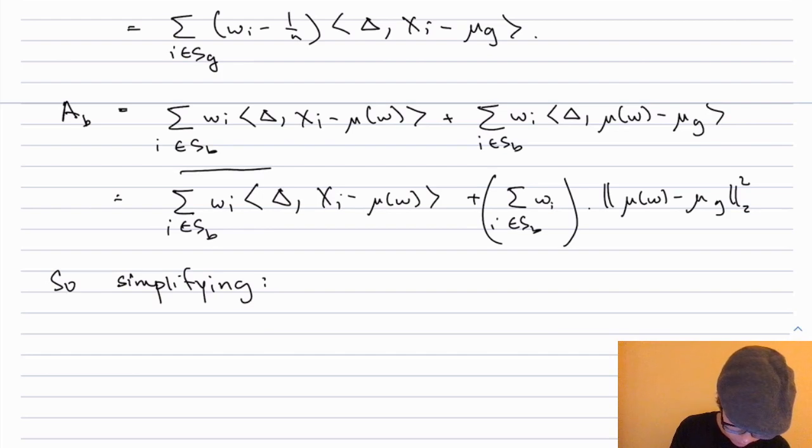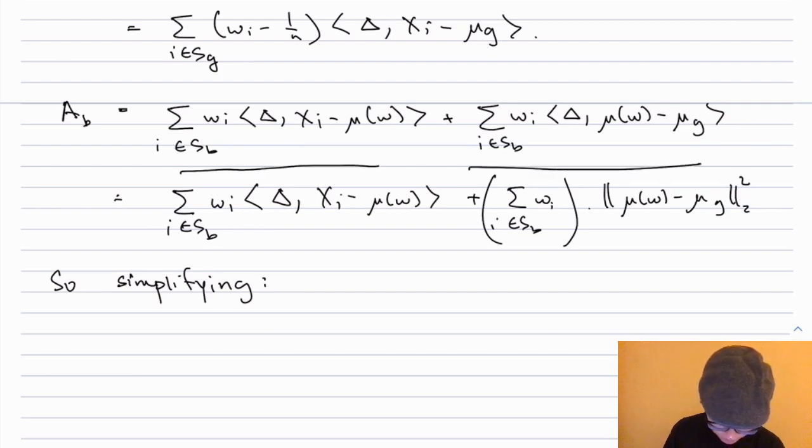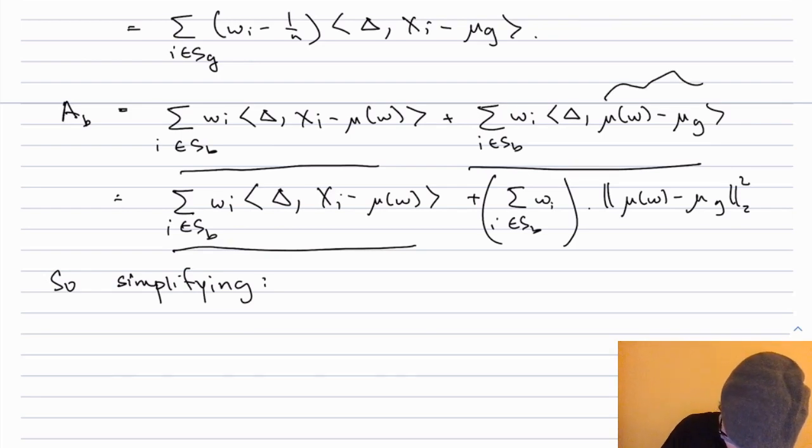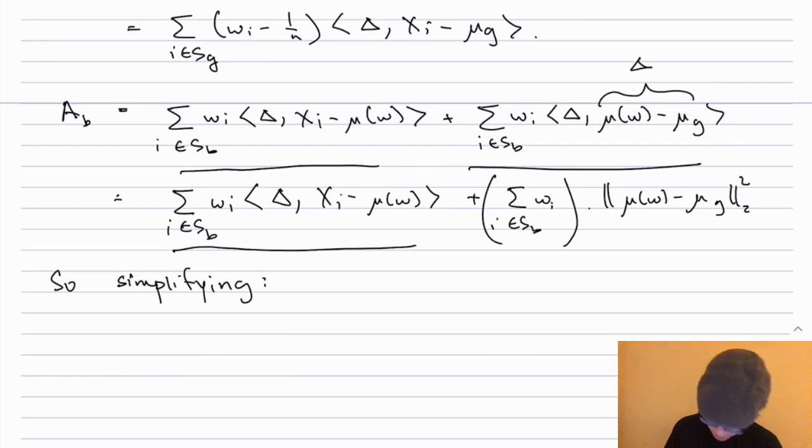So here, I've added and subtracted mu of w. And in this term, notice that the sum actually doesn't depend on i anymore. And moreover, mu of w minus mu of good, this is delta. So I get the inner product of delta with itself, squared, and I get this times the sum of the weights w_i for i in S bad.